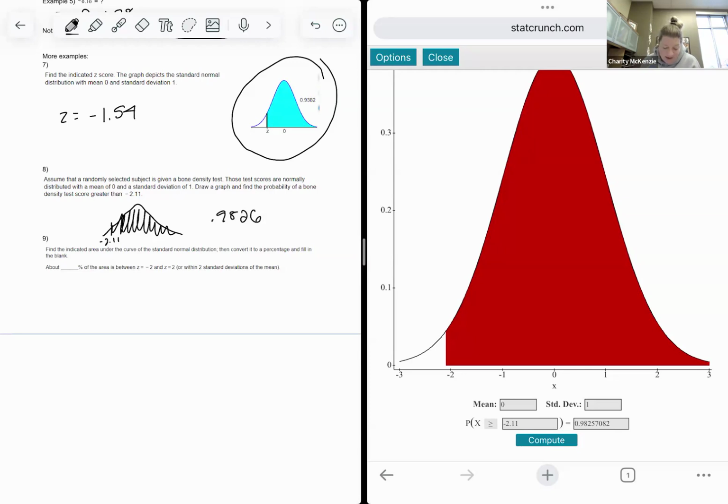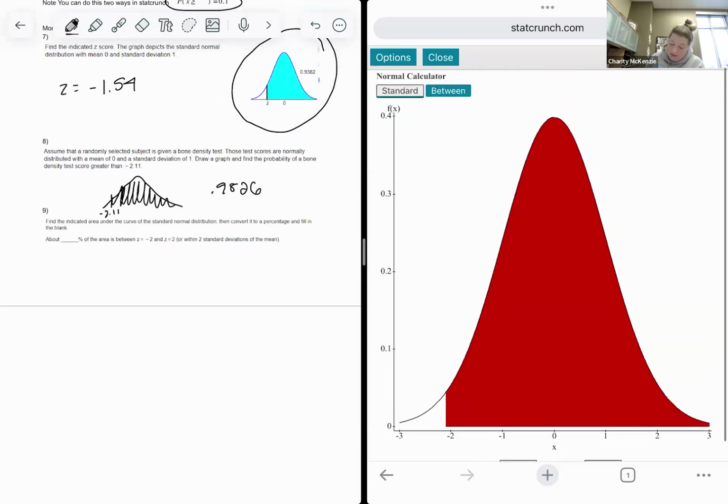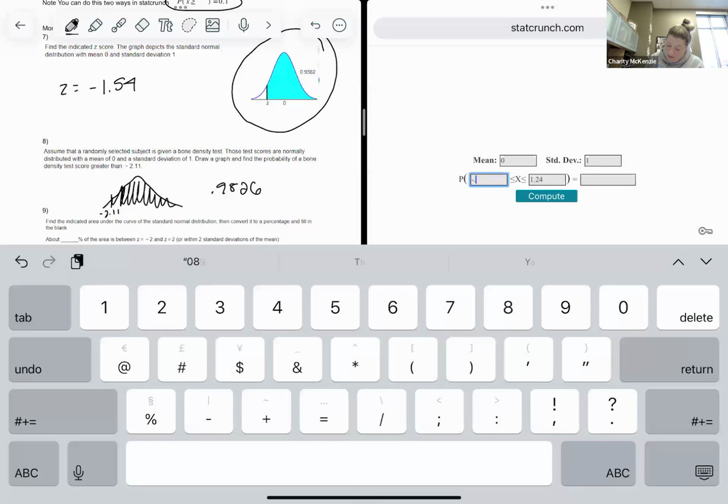Find the indicated area under the curve of the standard normal distribution, then convert it to percent and fill in the blanks. About what percent of the area is between negative 2 and 2 standard deviations? So you have to go up to between, right? And this one we should already know: what is the probability between 2 and negative 2, going 2 standard deviations out?